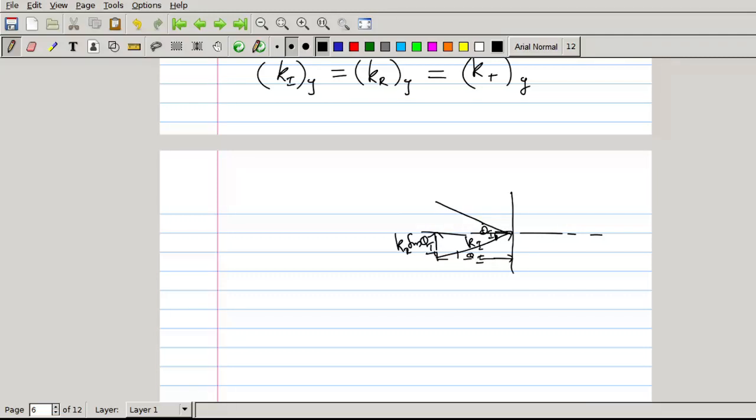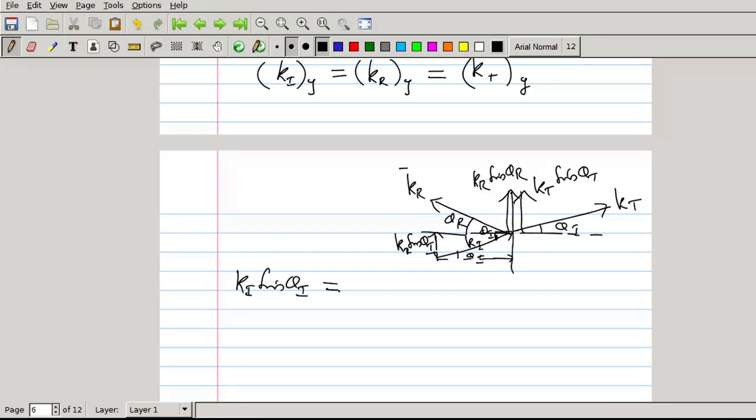Now for the reflected wave, this is the reflected wave vector kr, and this angle is theta R, so its y component will be kr sin theta R. Then the transmitted wave, this is kt, this angle is theta T, so when I resolve it, its y component is kt sin theta T. So substituting these values in this equation, ki sin theta I is equal to kr sin theta R is equal to kt sin theta T.